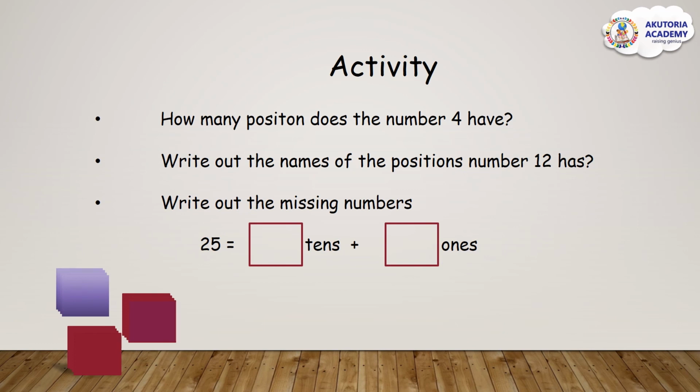How many tens do you think 25 has? And how many ones do you think 25 needs? The tens plus the ones give the total sum of the number, which is 25. So use our previous examples to calculate and check out how many tens and ones we need for 25.